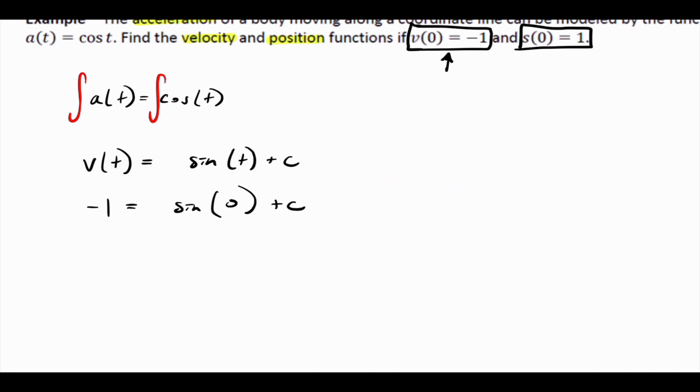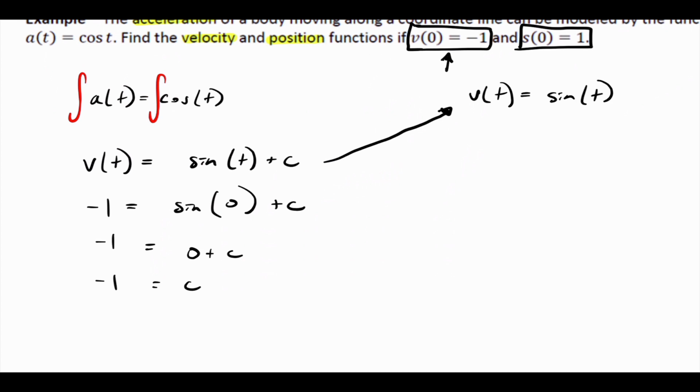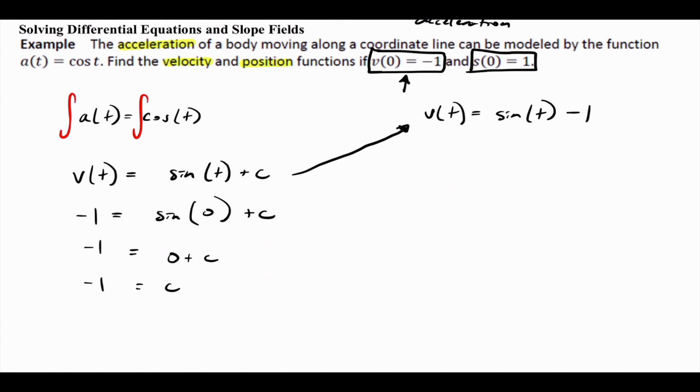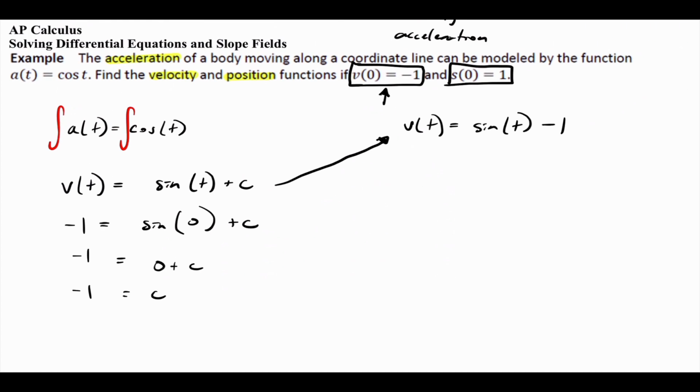Okay, so the sine of 0 is 0. C equals -1. So v of t equals sine of t minus 1. That's the velocity function. That's one of my answers.